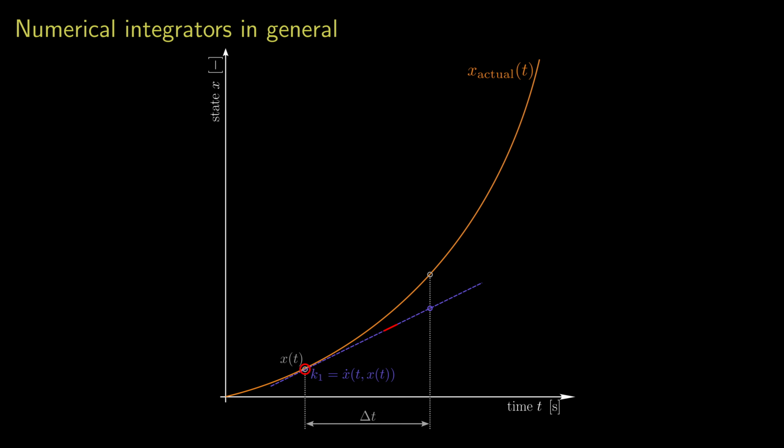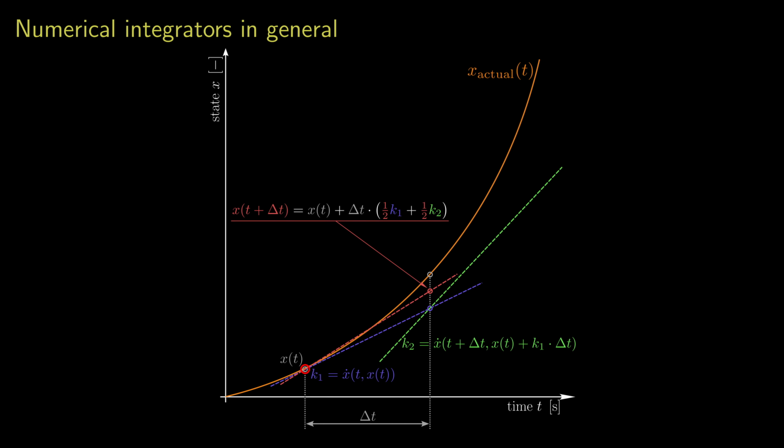So far it's the same as before, but instead of being done now and continuing with the next time step, we instead calculate the incline here using the state we just calculated. Then go all the way back to our starting point. Now we use the incline we calculated at the start of the integration step and the incline at the end together to calculate our actual step, and we end up here.